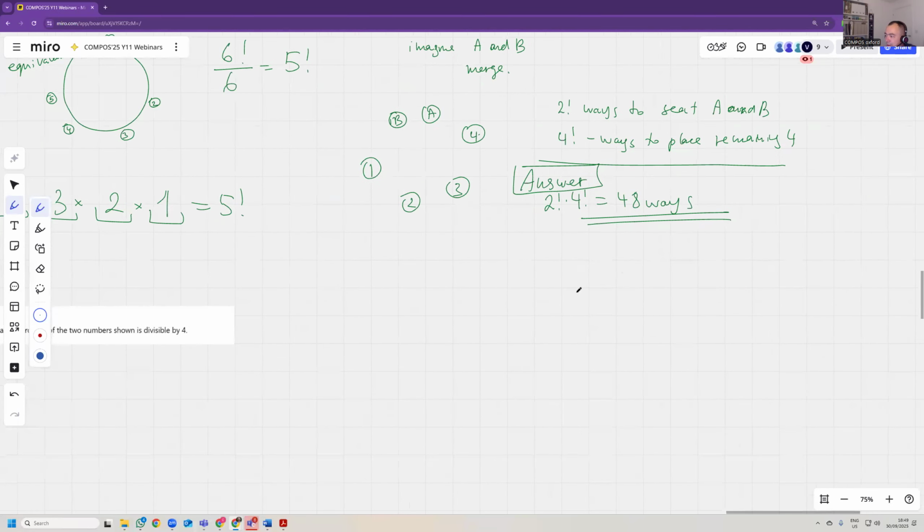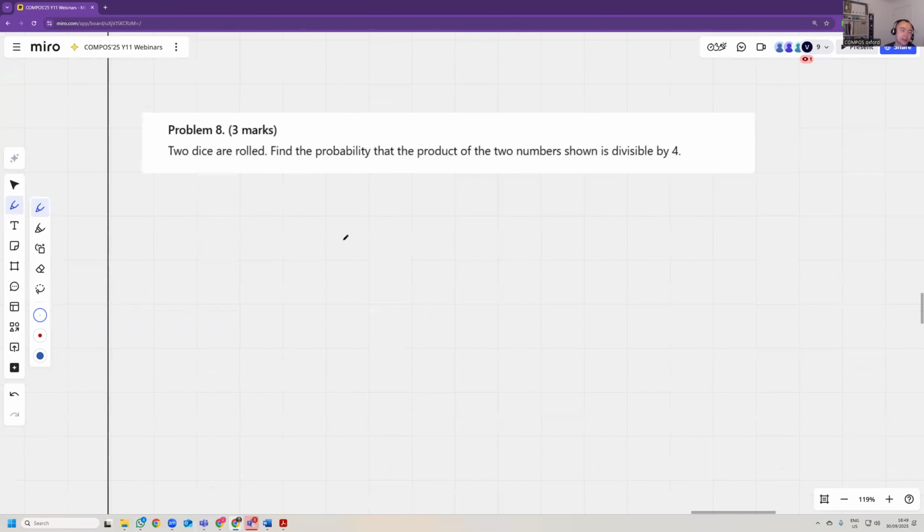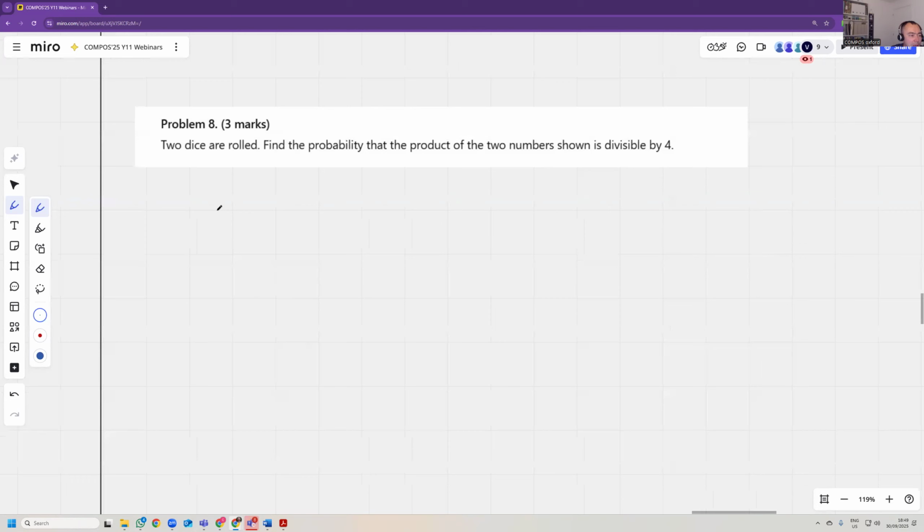Lovely. And 2 dice are rolled. Find the probability that the product of the 2 numbers shown is divisible by 4. This type of problem can be easily solved by using a table.